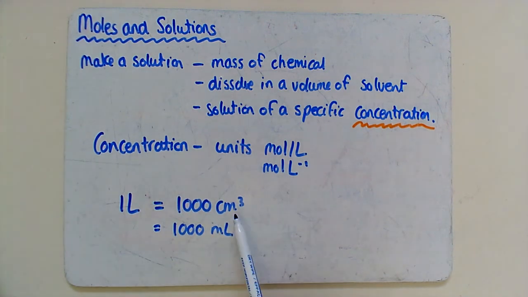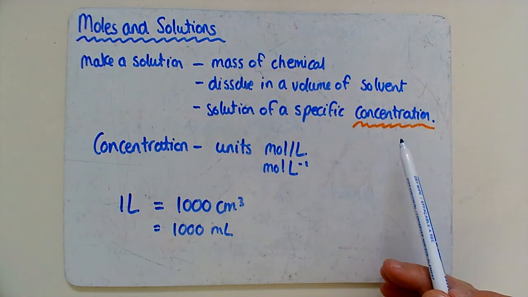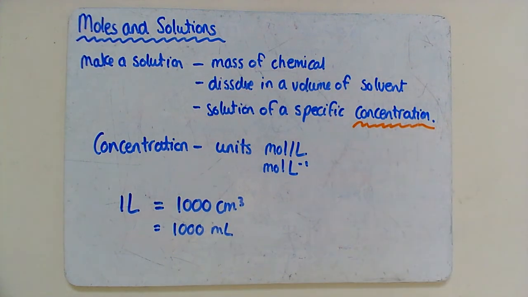In chemistry, you're usually not working with as big a volume as a litre. You're usually working with centimetres cubed. And so before you can do anything with concentration, you need to be able to turn a volume in centimetres cubed into a volume in litres in order to be able to work out a concentration in this.